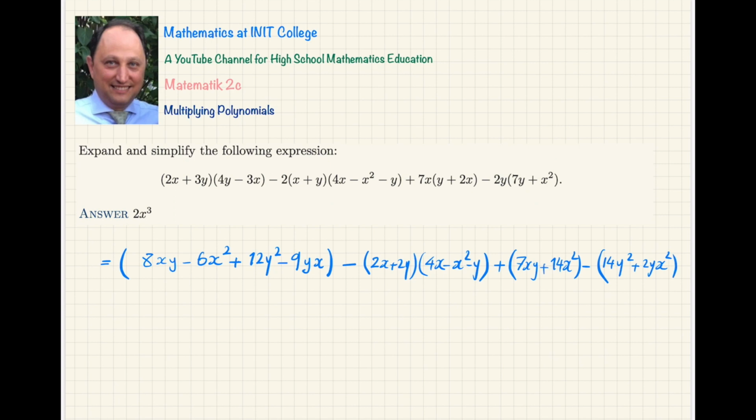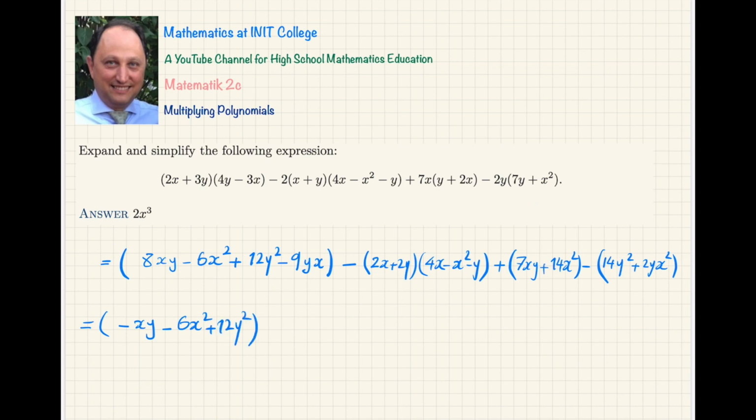Okay, can I simplify these expressions? So you see that, for example, here these two terms are similar. I have 8xy minus 9yx. It becomes minus 1xy. So we write it as minus xy, but there are no other similar terms involved, so I just copy and paste what is left.